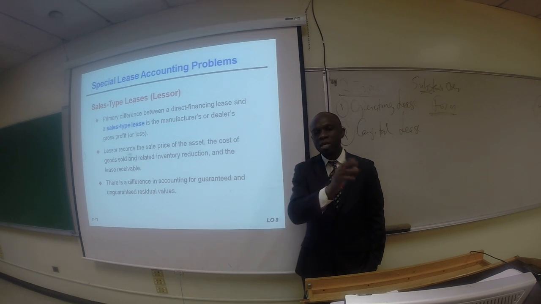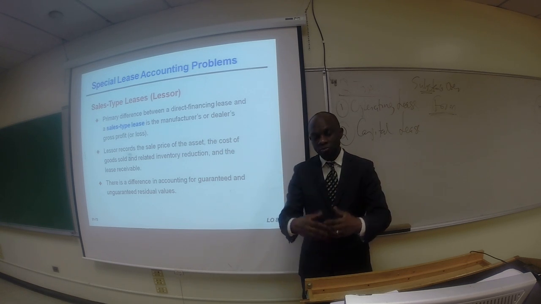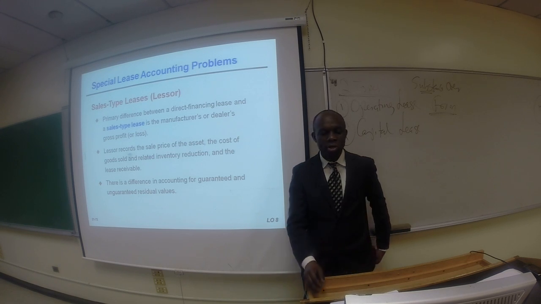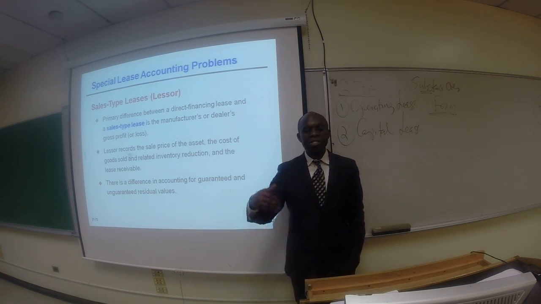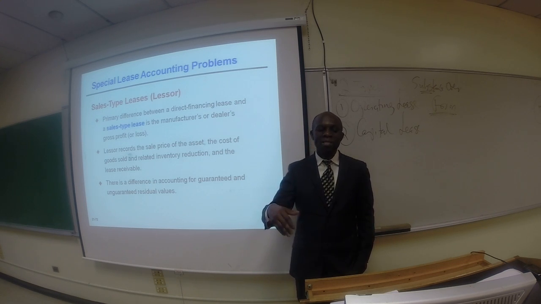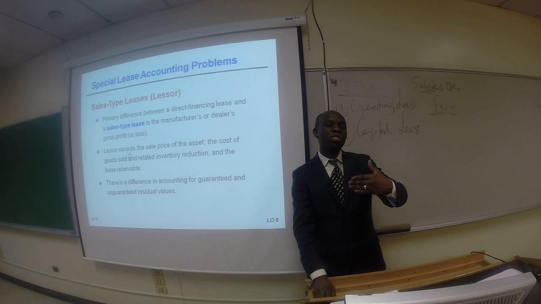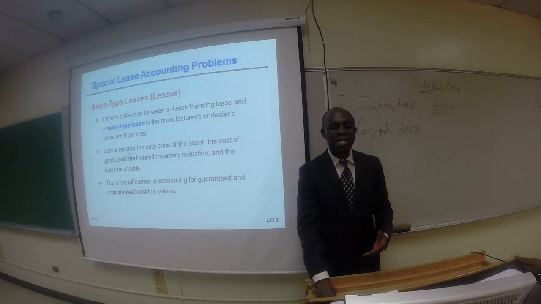Just like we did in previous accounting classes, we actually make 2 journal entries for one transaction. We recognize the sales. We also make a journal entry to recognize the reduction of the inventory. So there is a difference in accounting for guaranteed and unguaranteed residual values from the lessor standpoint when we are talking about sales type leases.